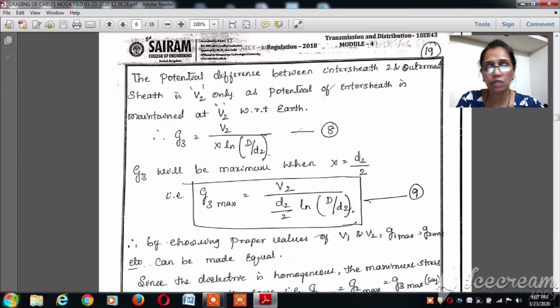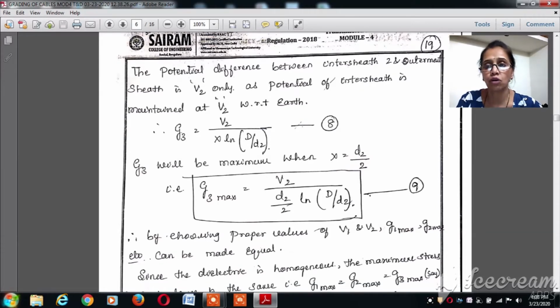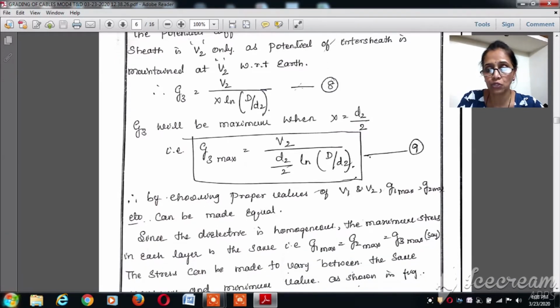So we can derive G3 equal to V2 divided by x into ln D divided by D2, where D is the diameter of the whole cable. G3 will be maximum when x is equal to D2 divided by 2. So G3 maximum will be equal to V2 divided by D2 by 2 into ln D divided by D2. Keep this as equation 9.